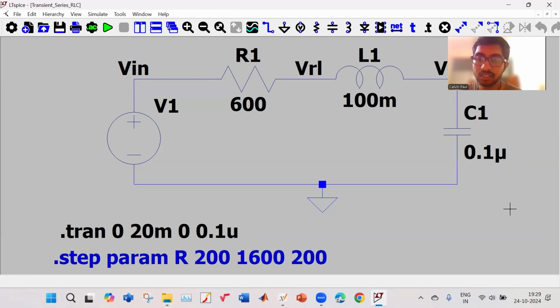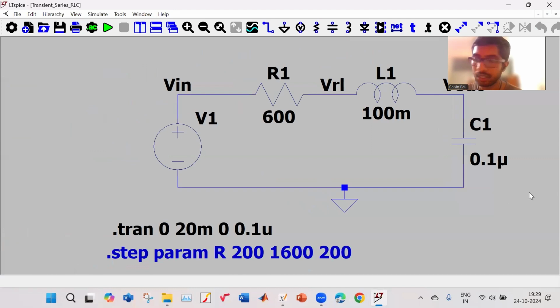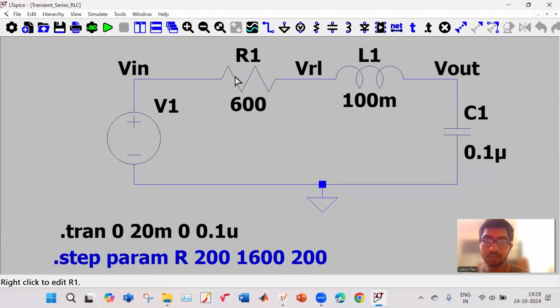Okay, so this is the transient response for the series RLC circuit, which is over here. So we have a resistor of 600 ohm, an inductor of 100 millihenry, so just 0.1 Henry, and capacitance of 0.1 microfarad.